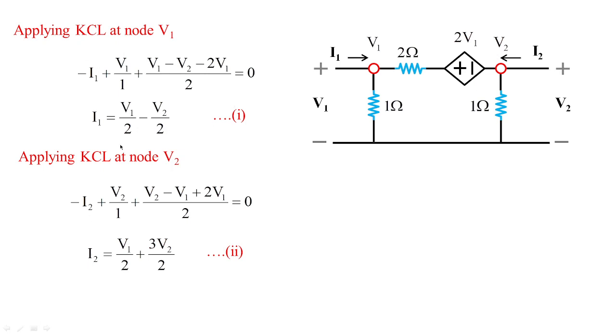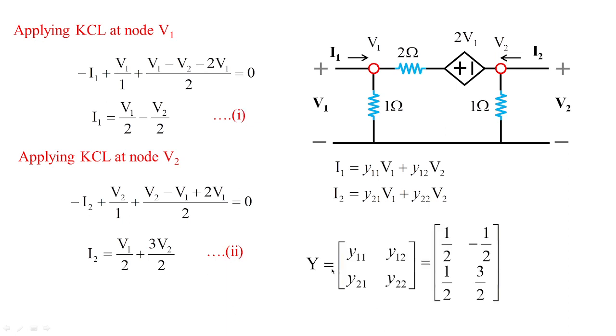Now if at all you carefully observe, I1 is in terms of V1 and V2, I2 is also in terms of V1 and V2. So we can easily obtain the Y parameters whose standard equations are given by I1 and I2 compared with Roman letter I1 and I2. So I'm going to get Y parameters which is equal to 1 by 2, minus 1 by 2. Again you have here 1 by 2 and 3 by 2.